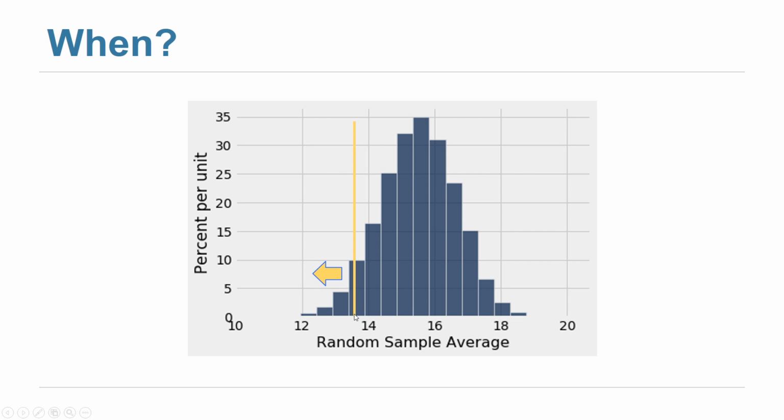So if we use a 5% cutoff, then there is a 5% chance that the null hypothesis is true, but we actually reject it. Because it can happen 5% of the time that these values can be predicted from the population, from the model.